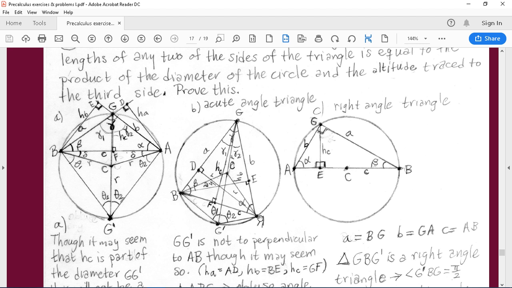So again, sine of alpha equals HC over b, sine of alpha equals HB over c. Sine of beta, considering first triangle BGF, equals HC over lowercase a, and considering triangle BDA is equal to HA over lowercase c.